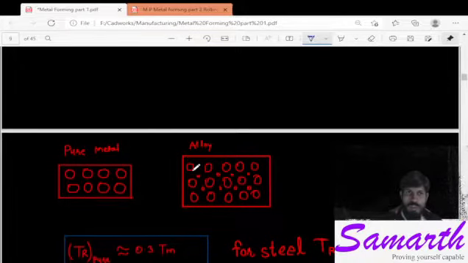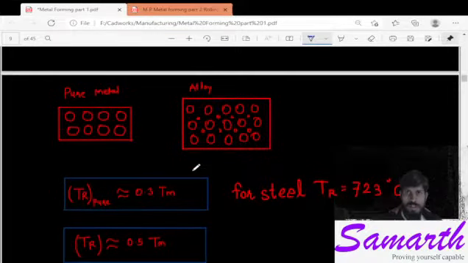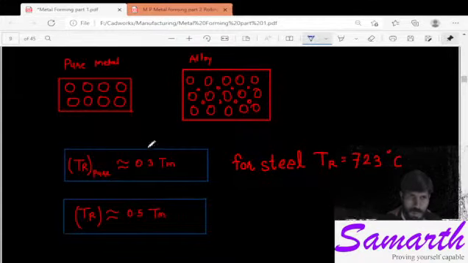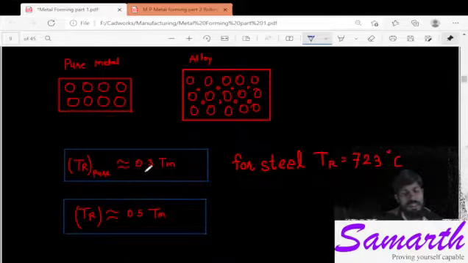Now, let us say it is an alloy. Then what will be the difference between pure metal and alloy? Pure metals will have a recrystallization temperature of nearly 30% of their melting point.